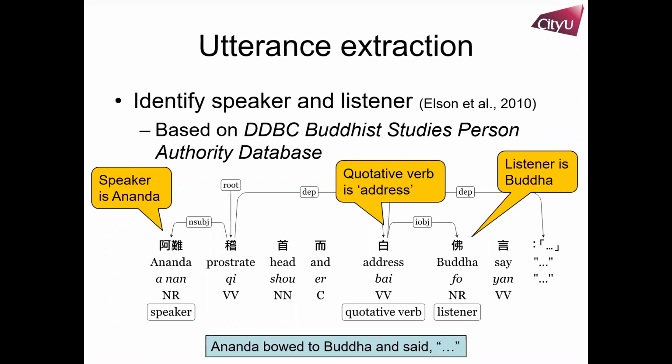Ananda, a disciple of Buddha, prostrated, and then addressed Buddha. In Stanford Dependencies, these structures are used with the DEP relation, and so we trace the DEP back to the main verb and then the noun subject. And the listener is taken to be the indirect object of the quotative verb or saying verb, and sometimes it can also be some distance away. So we do recognize that this doesn't catch all the instances, not even to say pronouns and so on, but our priority has been on the precision of the retrieved speaker and listener.